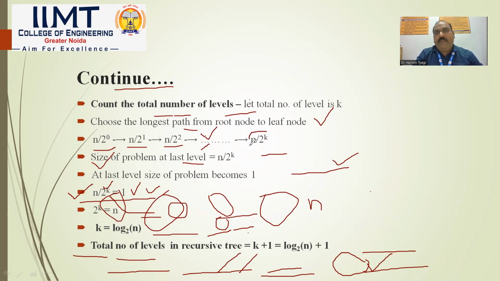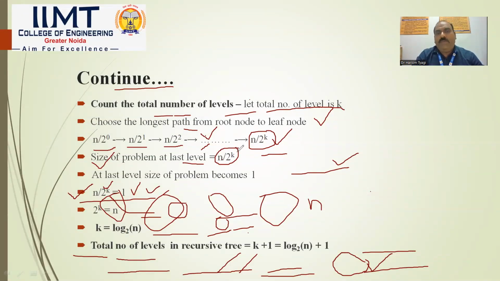Let the total number of levels be k, with the last level being k. Then the size at the last level is n upon 2 to the power k. And what is the last value? We discussed previously: if you have 8 values, then 16 values, it is divided down.